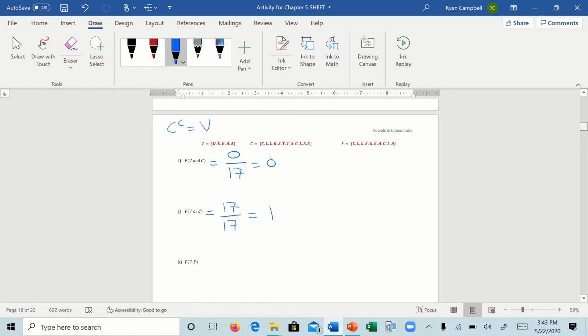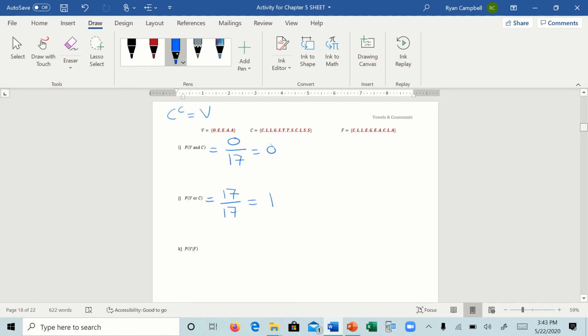All right, now this is a little trickier for some people, so let's just go back over the conditional stuff. So the probability of V given that we're looking at F. So this time, what's our population? The population is F, so you can kind of think of it as the ones in F that are also in V, right? So F is going to go on the bottom. So how many are in F? 1, 2, 3, 4, 5, 6, 7, 8, 9, 10.